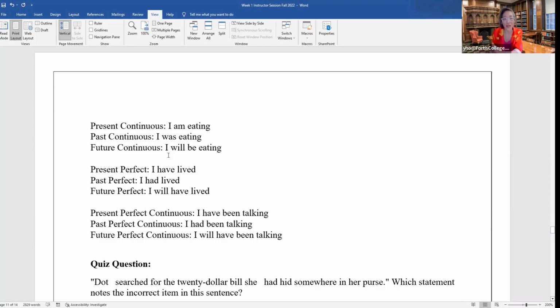It keeps going and going, but it's one action that keeps going. Perfect tenses: I have lived, I had lived, I will have lived. Okay, with these you have two complete actions, either in the present, in the past, or in the future.